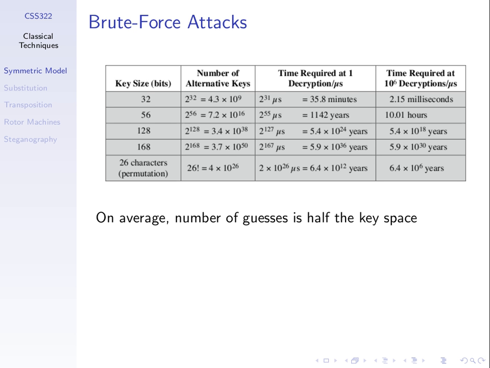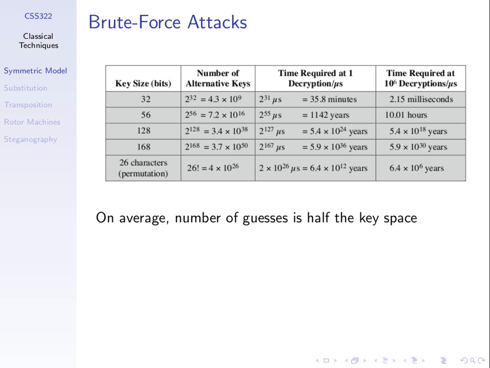Even if computers get faster, it will still take thousands of hours to find a key. So the key has to be secure. If computers are much faster, this is still going to take a long time.